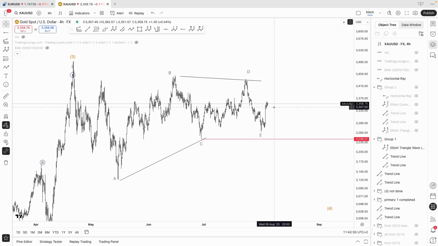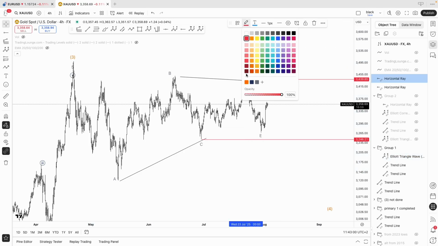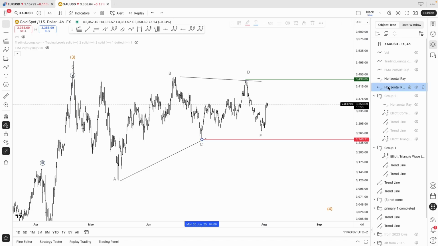So if we move south of that, then it's most likely no longer a triangle. Confirmation stands above here for this scenario, which I'm going to place here.